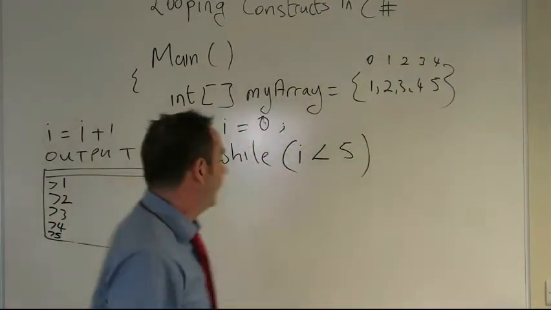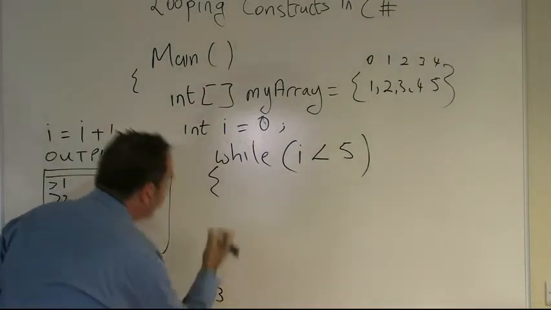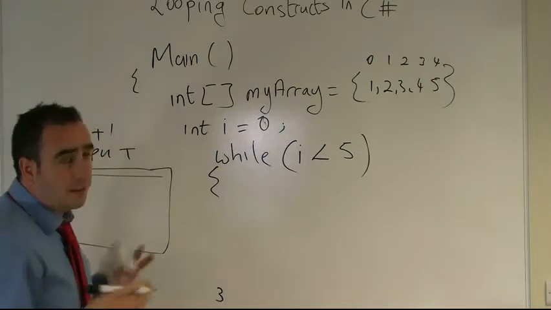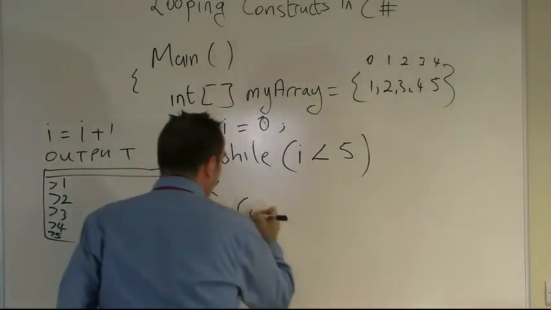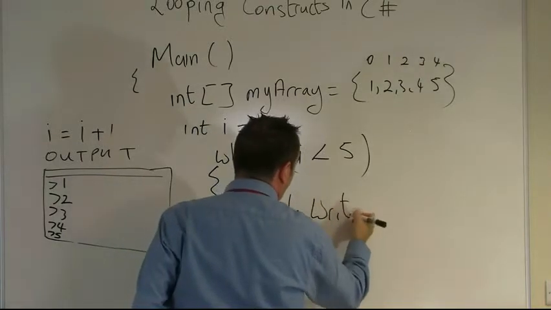access the first element. Okay, so now we'll open up our bracket and we'll close it down here. We're going to have the exact same thing that we had in all of our loops. In the middle, we're going to have a Console.WriteLine. Again, we're just writing to the console.